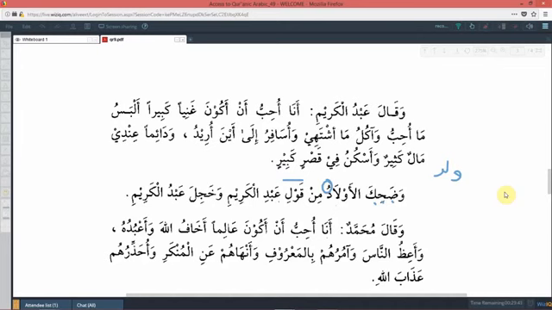Min, qawl is majroor after min, harf jar. Abdi is majroor because it's mudaf ilayh to qawl, the statement of abd. Kareem is majroor because it's mudaf ilayh, the statement of the abd of Kareem, right? The slave of Kareem. Wa khajila, khajila yakhjalu, meaning embarrassed.